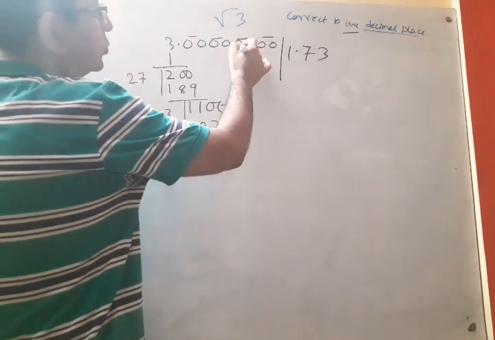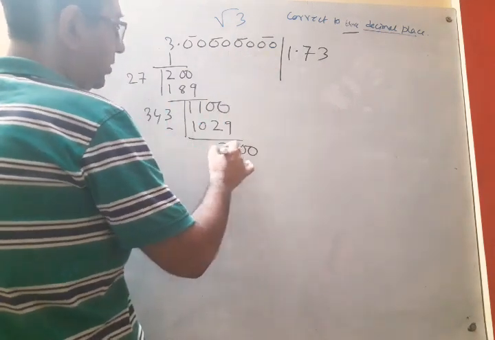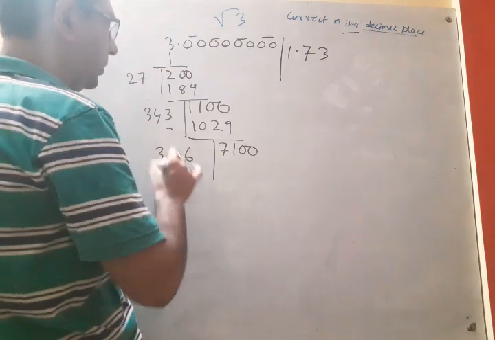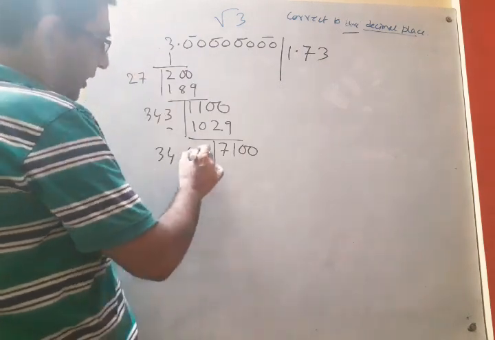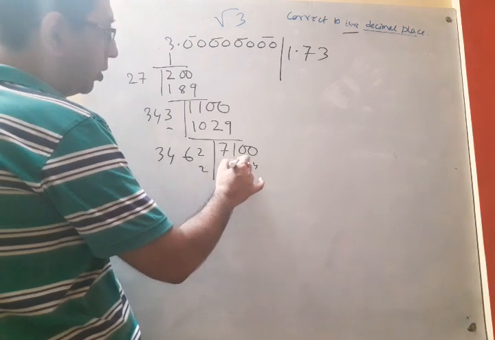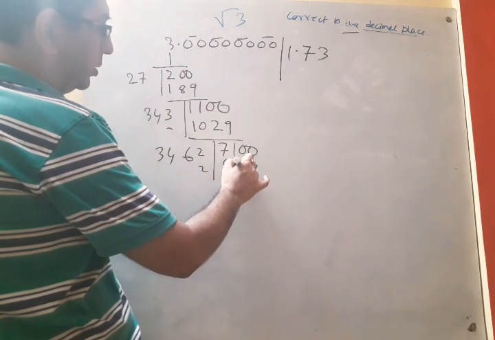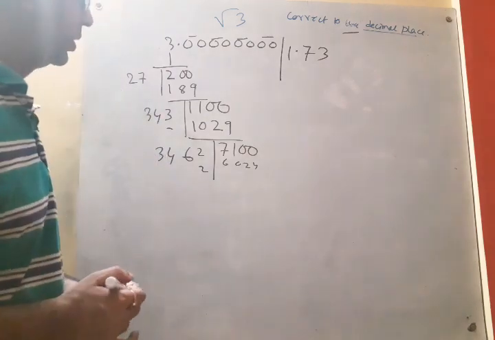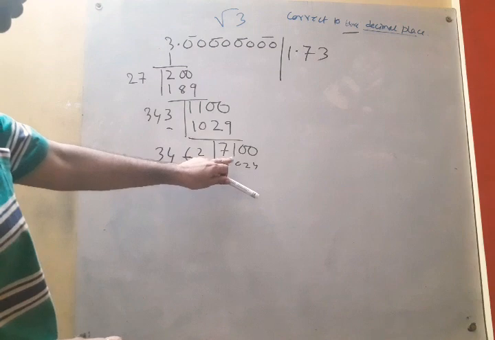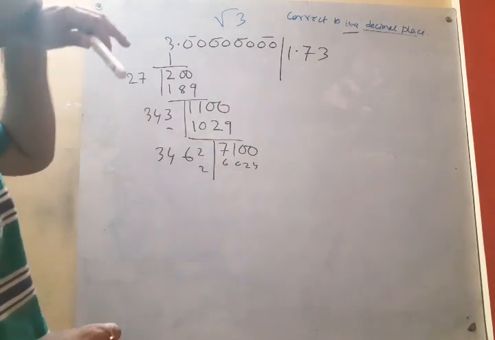Now these 2 zeros, right? 346. Okay. If we write here 2, 2 3 4. 343 is 9. Right.